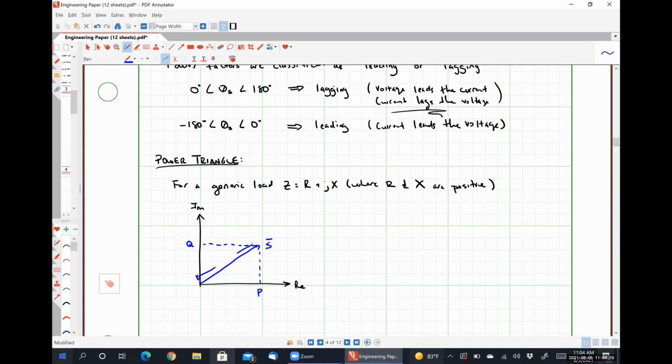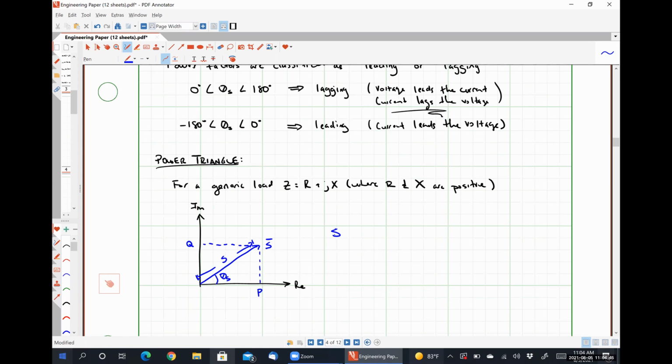The length of our vector S is the apparent power, and the angle our complex power S forms with the real axis is our power factor angle. So all of our different relationships for complex power, average power, apparent power, reactive power, power factor, all that stuff are buried inside this one little diagram. Okay, so I think it's pretty neat.